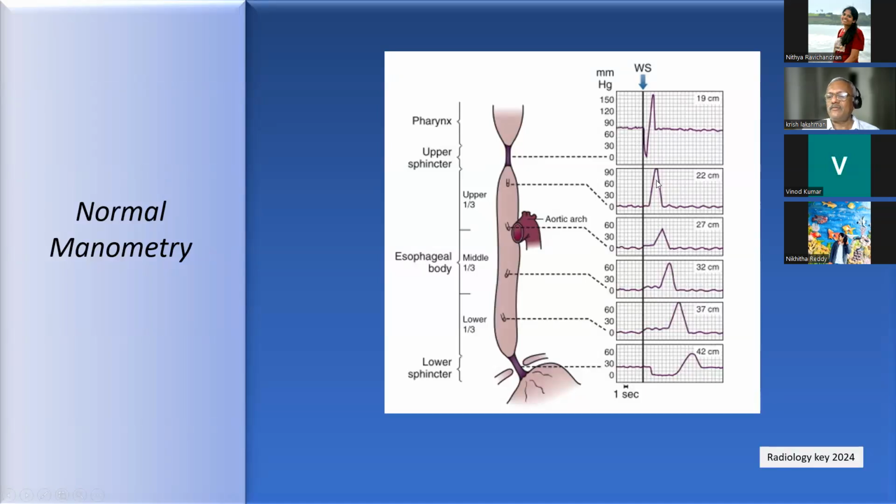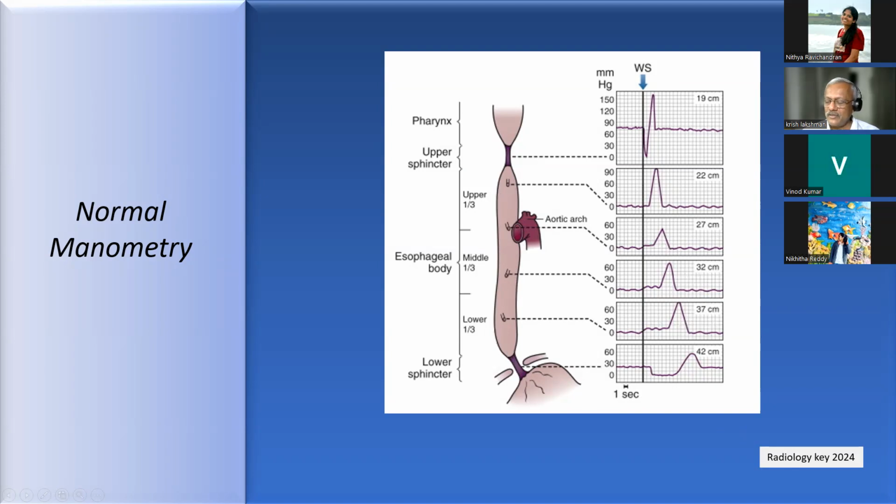And look at the peaks. As we progress down the line, the peaks are occurring more and more to the right, which means that there is a progressive increase in the pressure that keeps pushing the bolus down. And as the food enters at this point, LES has already relaxed and the food will enter into the stomach. This is the normal esophagus.